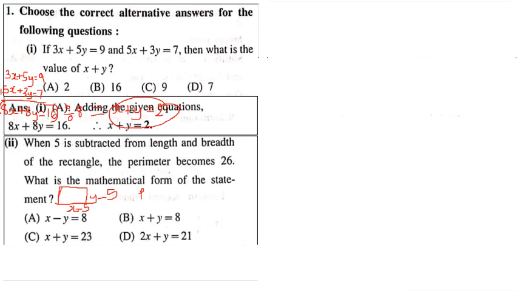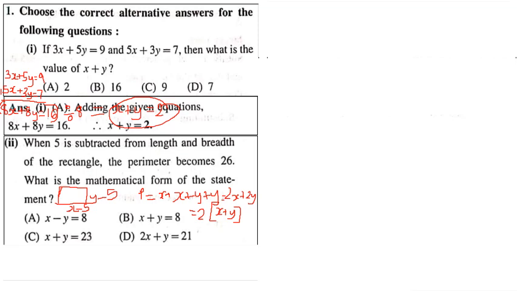And what is perimeter? It is the sum of all four sides, that is x plus x plus y plus y. So that's how we get 2x plus 2y, which is 2 inside the bracket x plus y. Okay. So here what have we done?